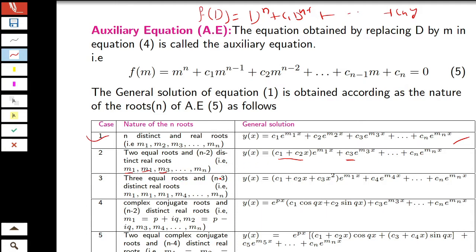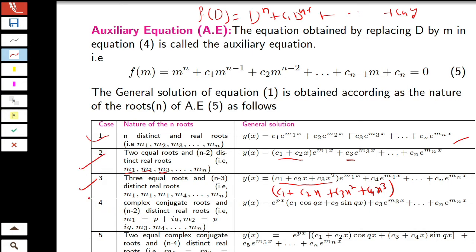If 3 roots are equal, then we extend this as a polynomial of degree 2. Here it is degree 1, now it will be extended to degree 2: c1 plus c2x plus c3 x square, and the remaining are real and distinct. If it is repeated 4 times, we write c1 plus c2x plus c3 x square plus c4 x power 3, and so on. So this is all about real roots.